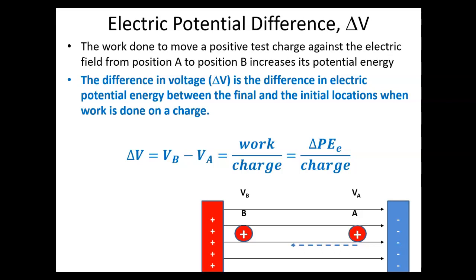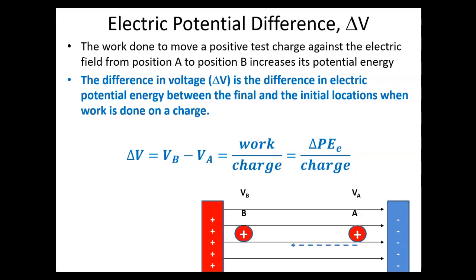But if I could somehow push that charge closer to the red bar, it'll take work for me to do that because I'm making it do something that is unnatural for the charge. It wants to repel, but I'm pushing it closer. And so the work that I'm doing on the charge is raising the electric potential energy of that charge.